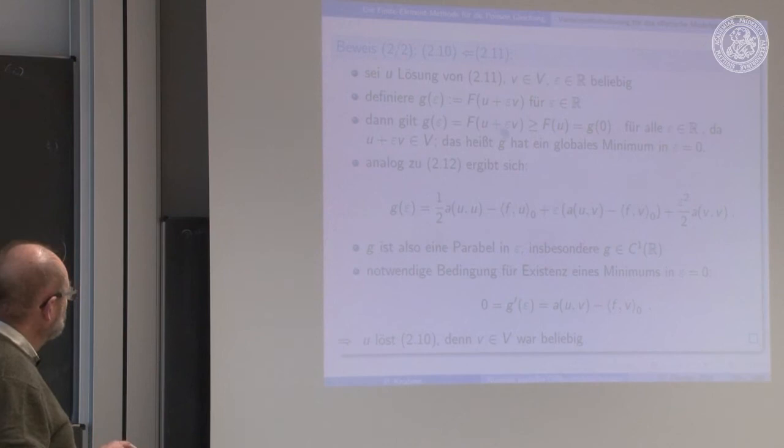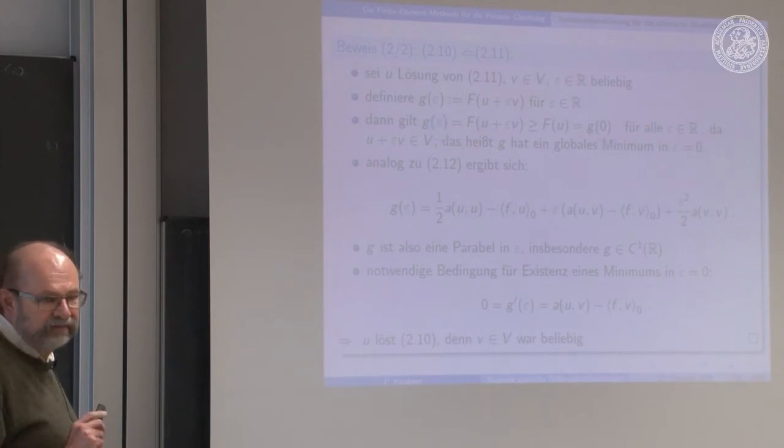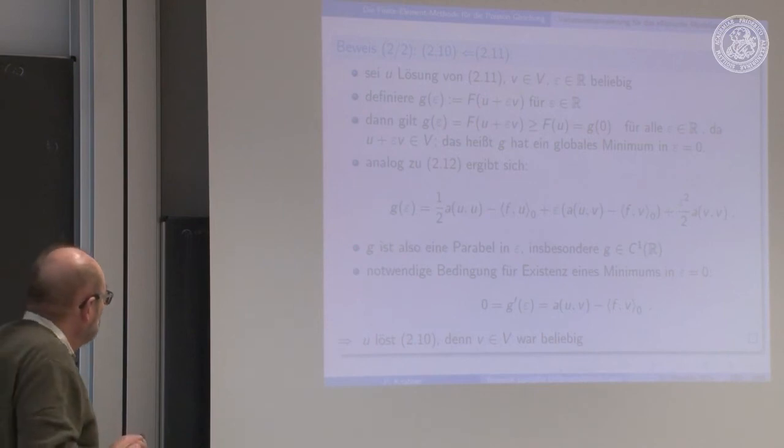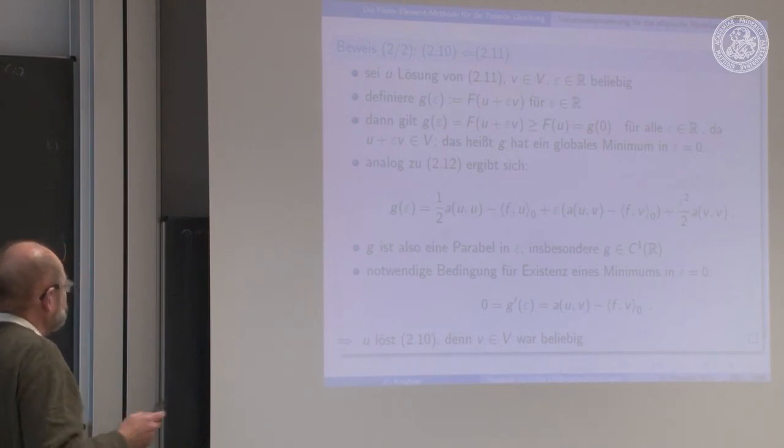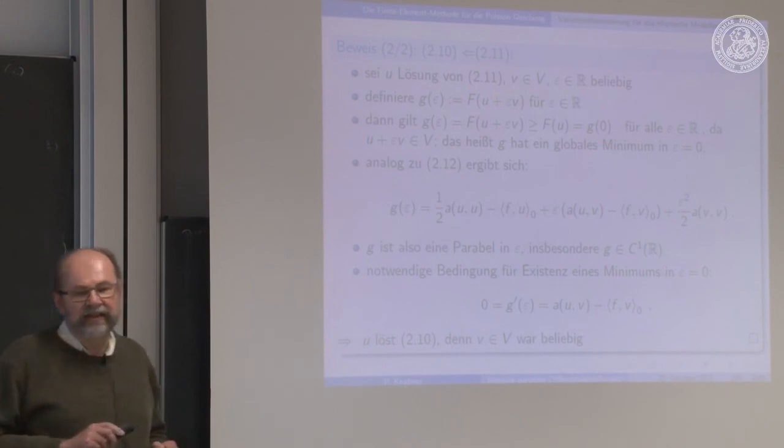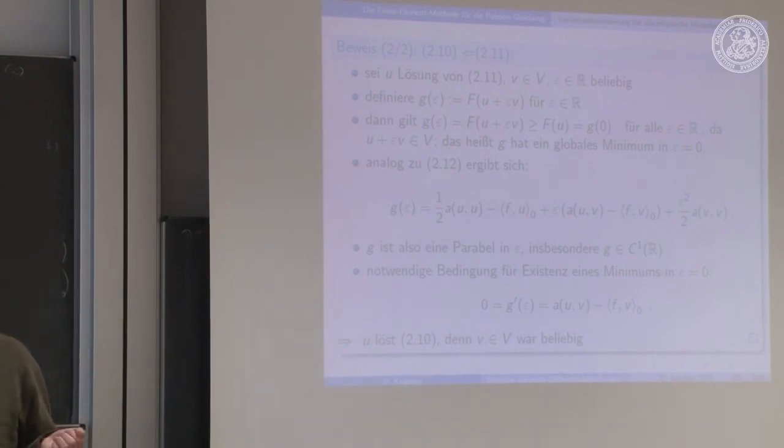And what do we know? We know, of course, that F of U plus epsilon V is greater or equal to F of U, because this is always smaller for every comparison element here. That means this new function G has a minimum in the point 0. So if this function G would be differentiable, then we would know what to conclude, having a minimum.